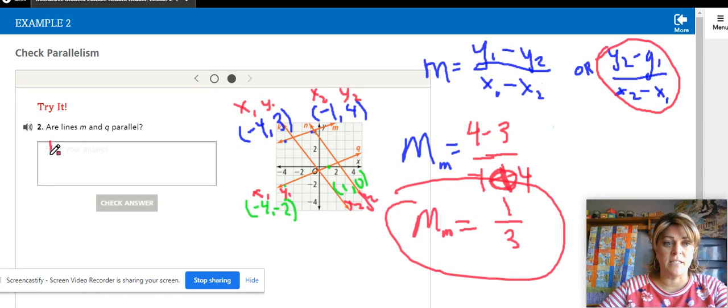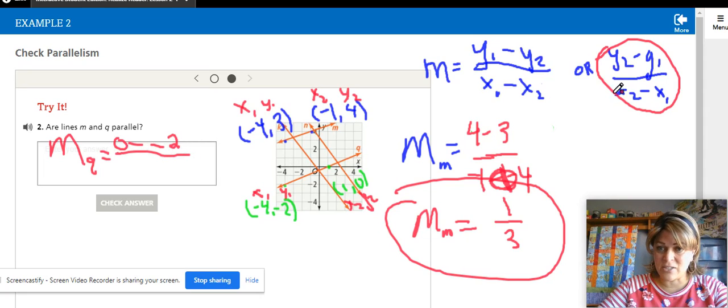So I'm going to have the slope of line Q equals, use this same formula, find the difference of the y's, y2 minus y1, and again, it's going to be a double negative, that's okay, over x2 minus x1, x2, which is 1, minus x1, double negative again. Okay, so I've got the slope of line Q all set up.